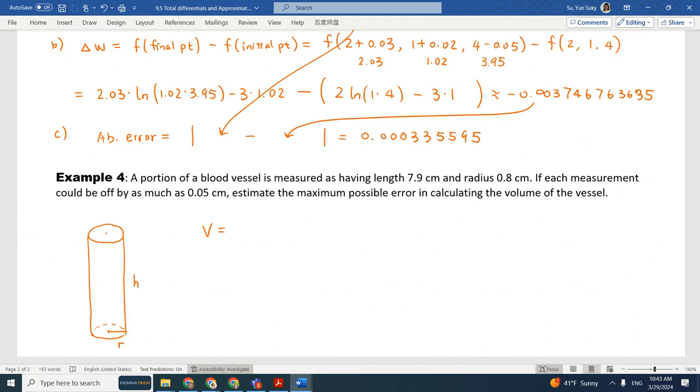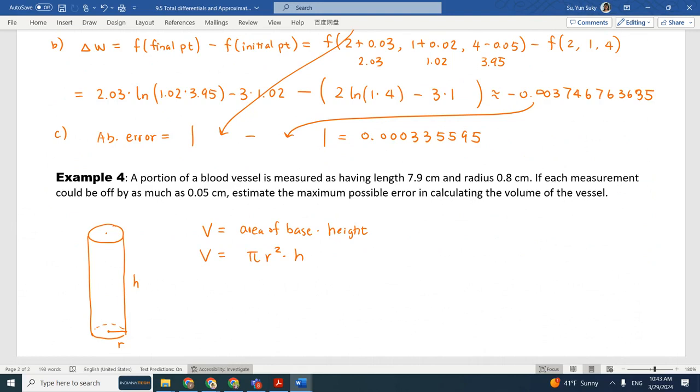Volume is area of base times height. What is the area of the base? What's the area of a circle? Yeah, pi r squared, right? Pi r squared, and the height is h.